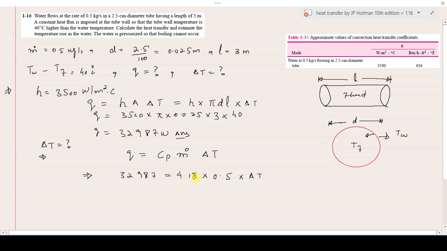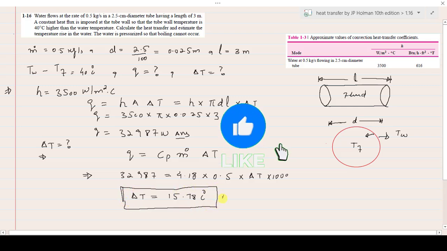Remember, this 4.18 is in kilo, so you will need to multiply this with 1000. So after simplifications on the calculator, you will get the temperature rise of the fluid, that is 15.78 centigrade. And this is our final answer of this statement.